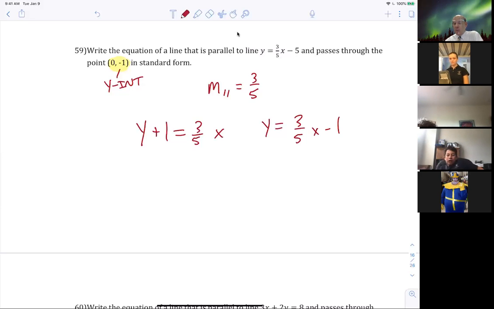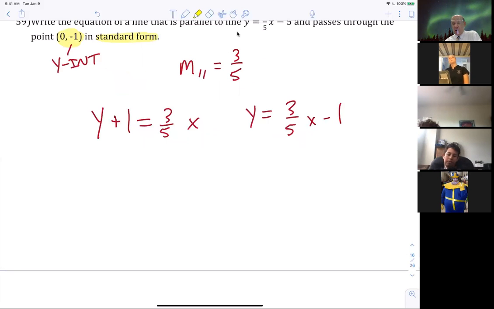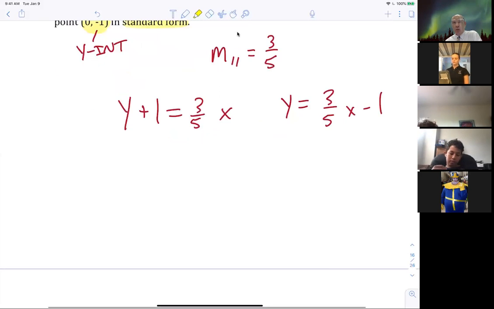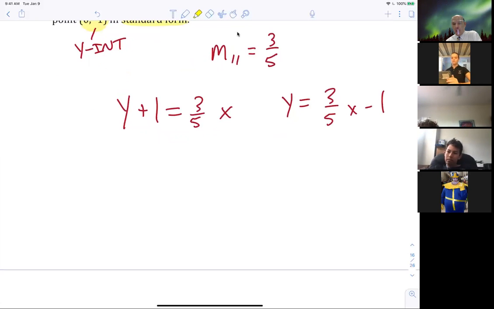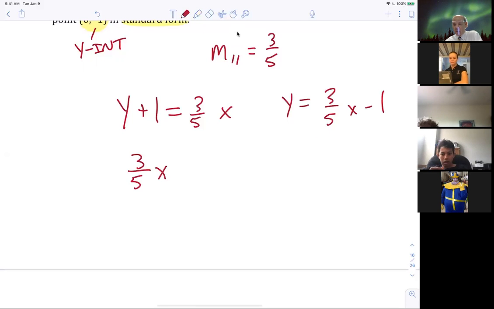So now we have to write it in what form, though? Standard form. So if we're going to write it in standard form, no fractions are allowed. Olivia, go. Tell me what to do. Yes, brilliant. So now I have 3/5 x minus y equals 1. Now what? It's not the answer because there is a fraction.